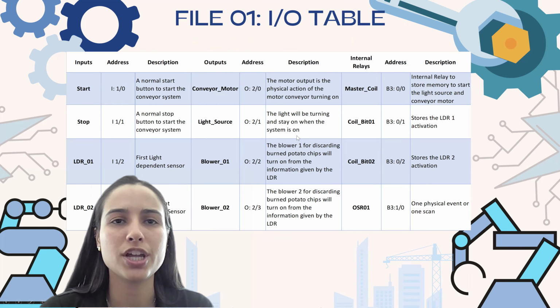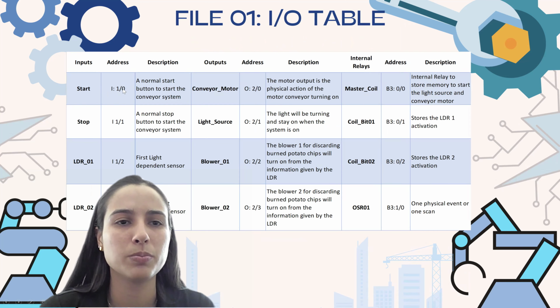Here we see our input and output table for the first file. We have our start with its address, which is slot 1, bit 0.